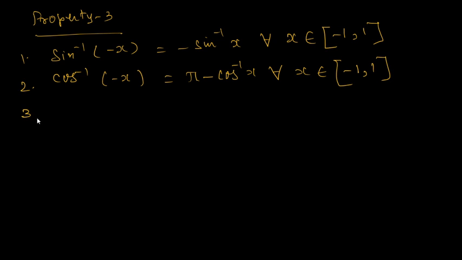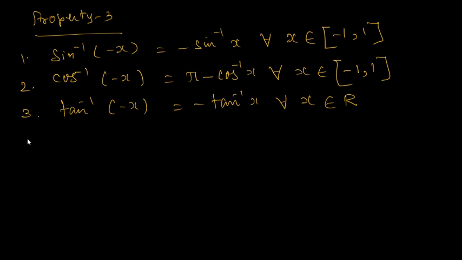Then 3, tan inverse of minus x is equal to minus tan inverse of x for all x belonging to the real numbers, so you can put simply x belongs to R.